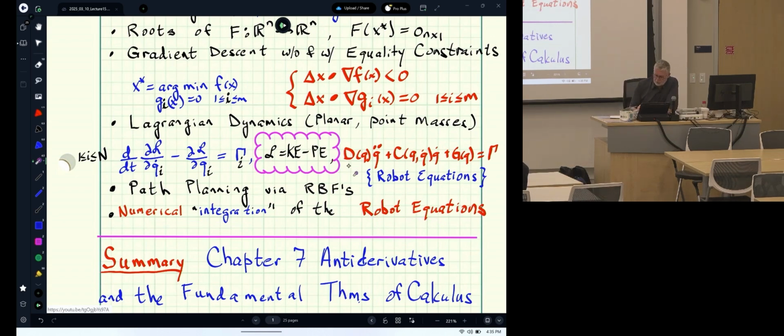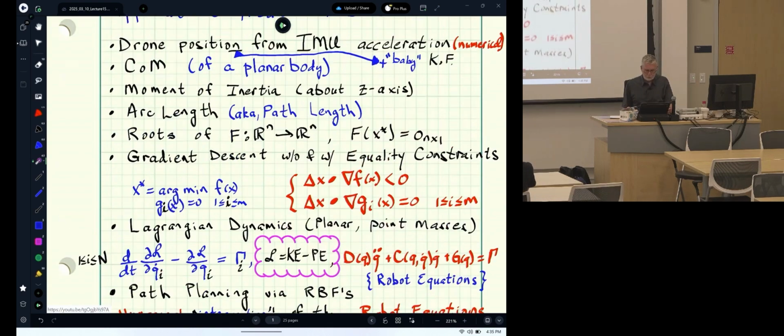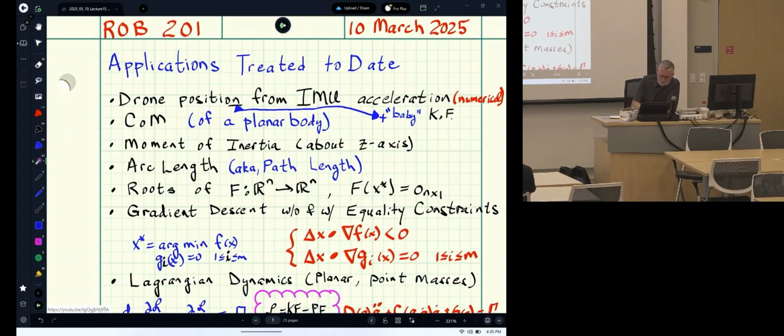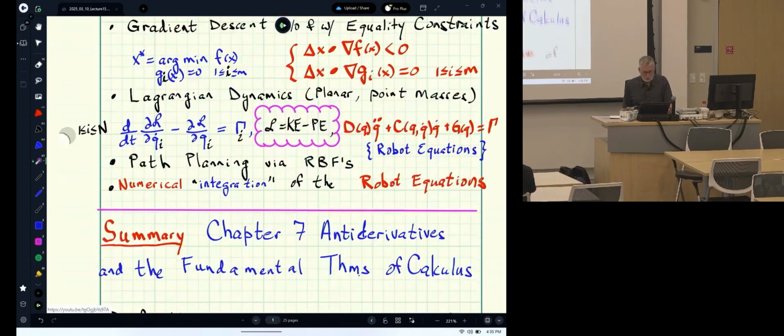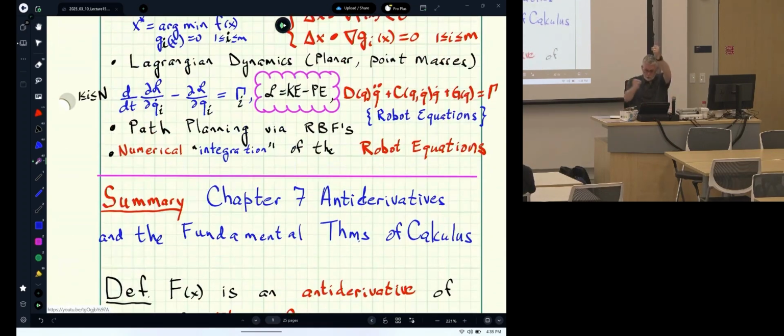We haven't defined yet what is a solution to a differential equation. We'll do that in chapter 9. But we applied the same numerical integration we did for drones from project 1 to a two-link pendulum, and the motion looked just like what we'd expect from a two-link pendulum.